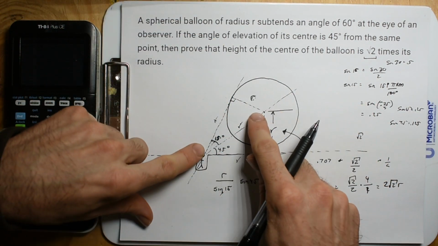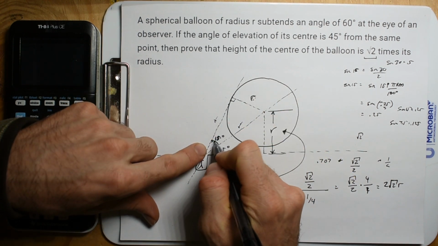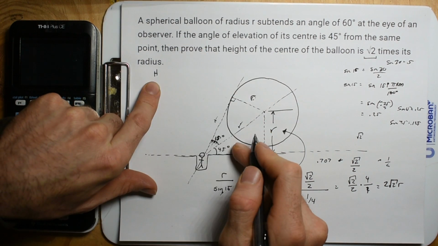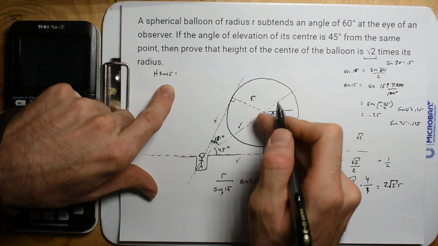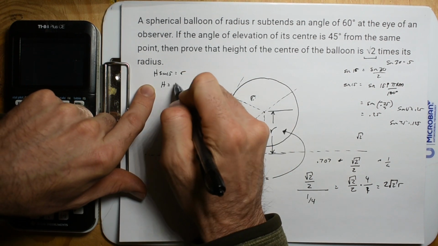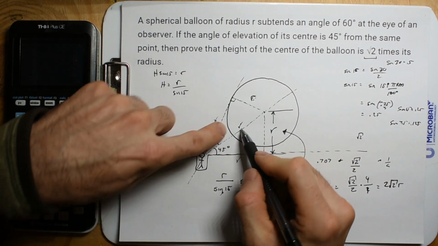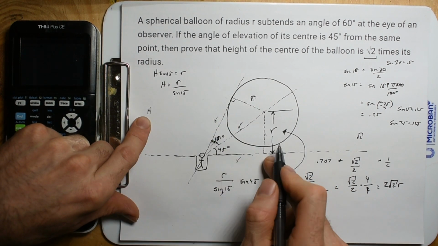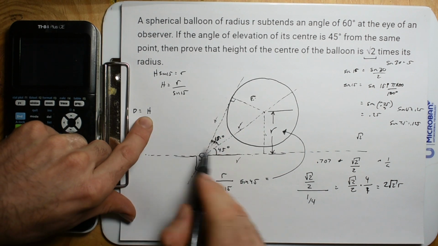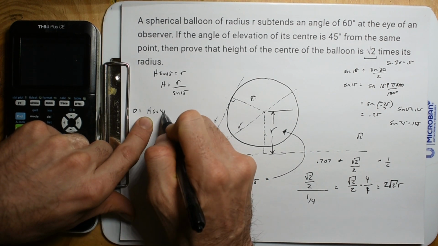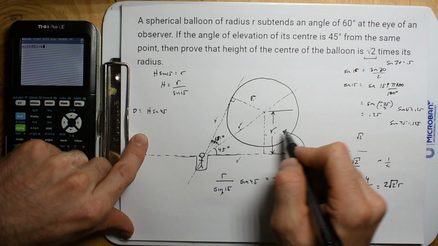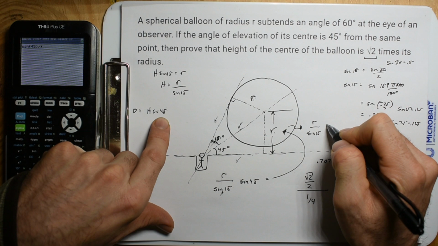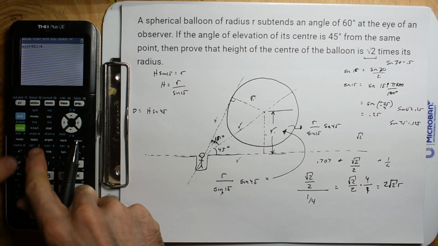All right, so fundamentally, if I know this is the opposite, so sine of this, if I knew the hypotenuse, let's spell this out. If I knew the hypotenuse times sine 15 is r, so the hypotenuse is r divided by sine 15. This is the hypotenuse. If I know this hypotenuse, I know this opposite side, because this opposite side is equal to the hypotenuse times sine 45. So this side right here is going to be r divided by sine 15 times sine 45. Okay, now I'm just going to type it in my calculator.